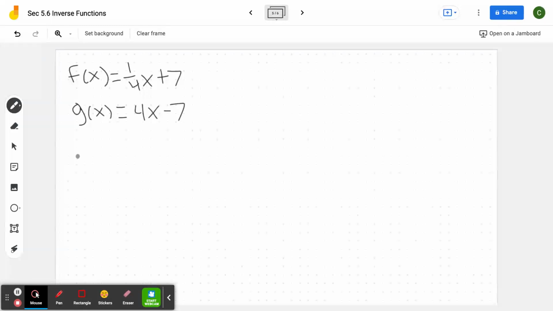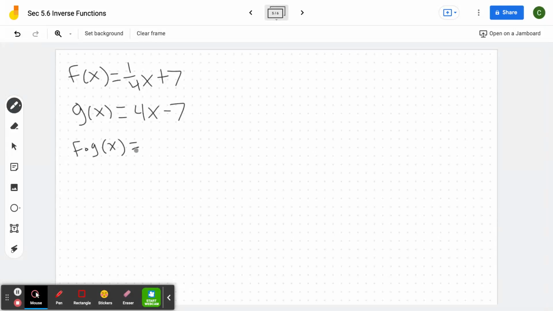So we have the f of g of x, and that can be written as f with the input of g of x. And so we're going to place this function here into this x here.